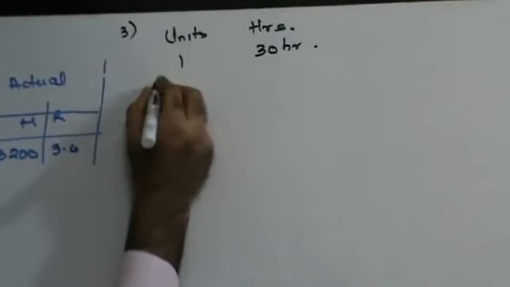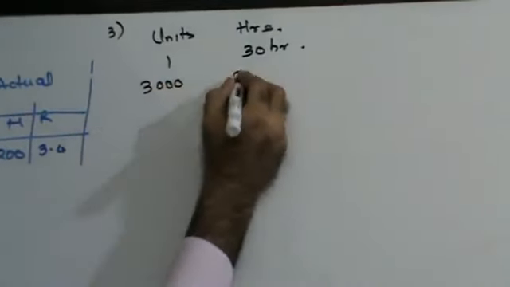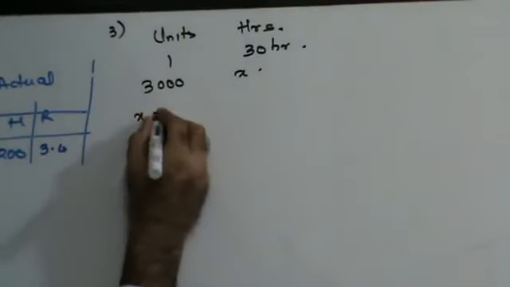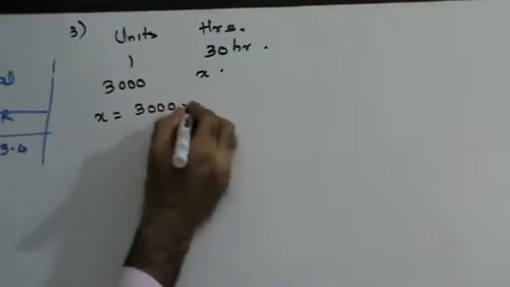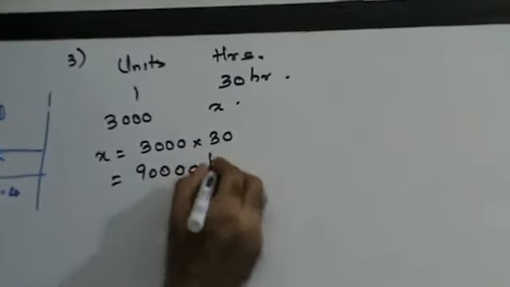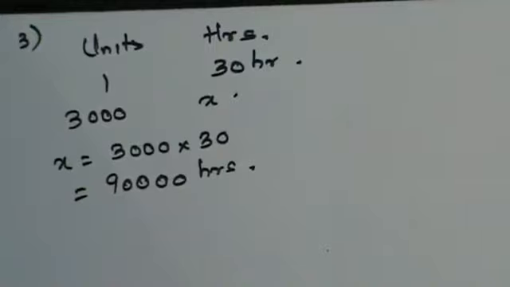My actual production is 3000 units. If actual production is 3000 units, that means how many hours will I require? 3000 into 30, 90,000 hours. I will require 90,000 hours.